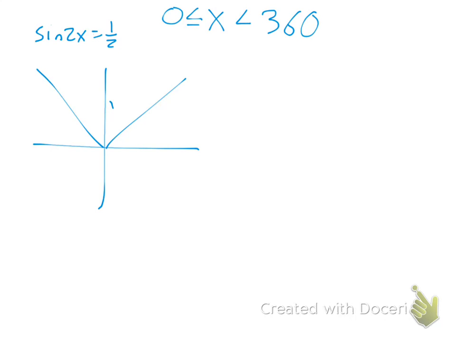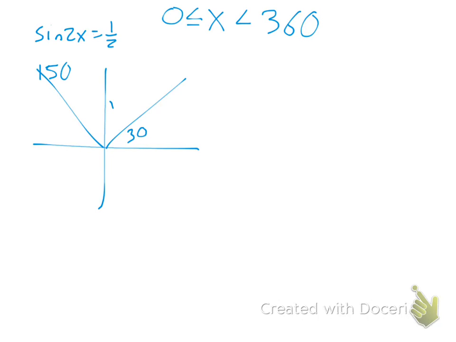The sine of this angle is 1/2, and what is it? It's 30 and 150. So the sine of 30 is equal to 1/2, and the sine of 150 is equal to 1/2. That's true.